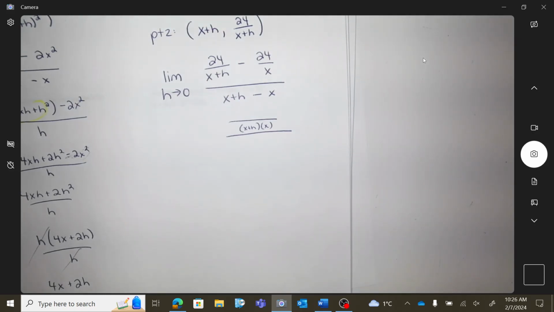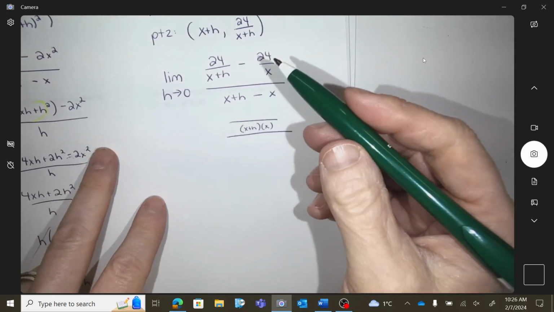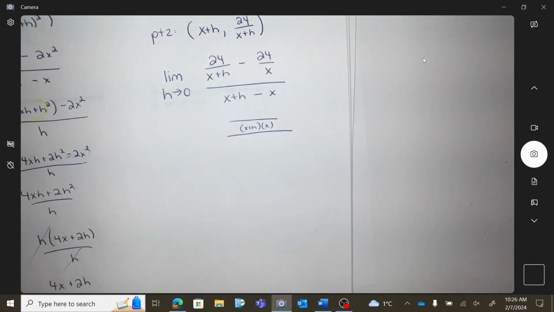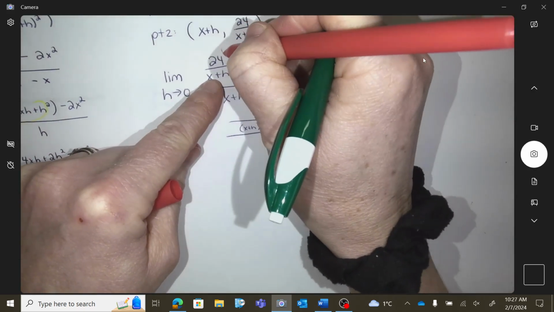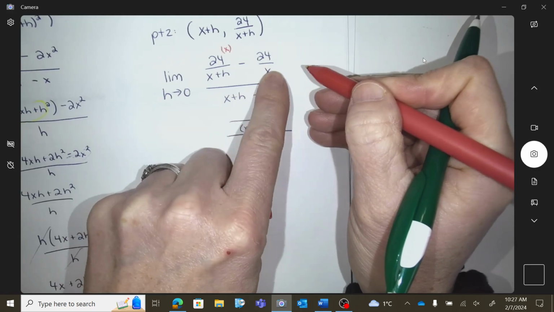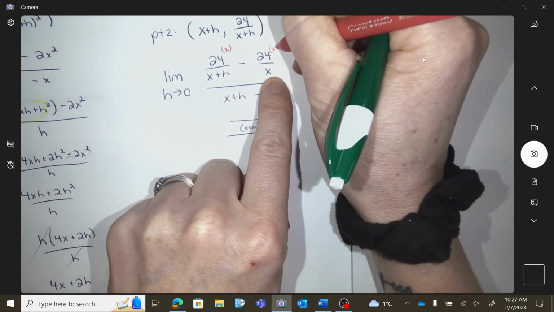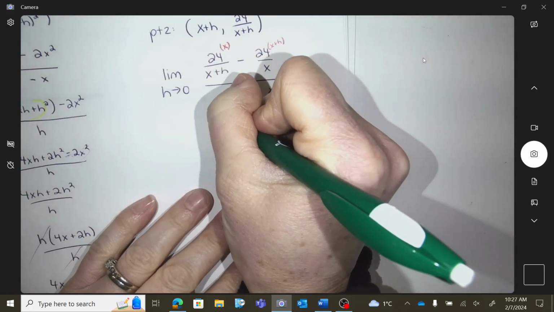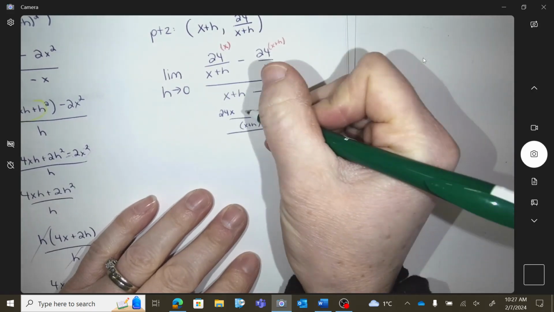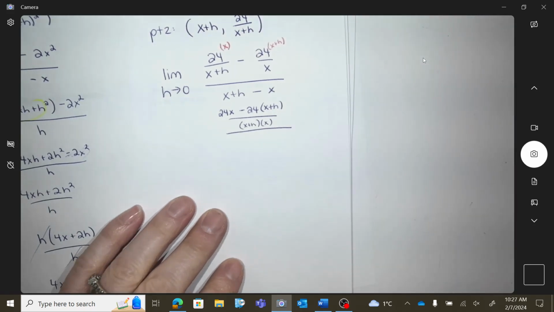See, that's a common denominator. Okay, so what would I have to times this fraction by? X. And what would I have to times this fraction by? X plus h. Okay, so 24x minus 24x plus h.